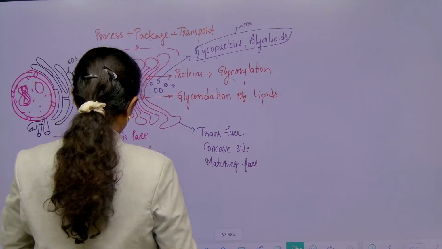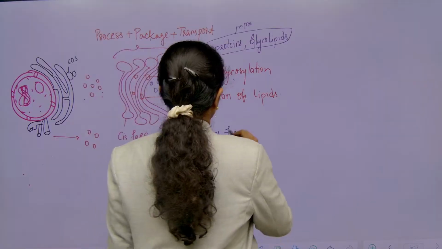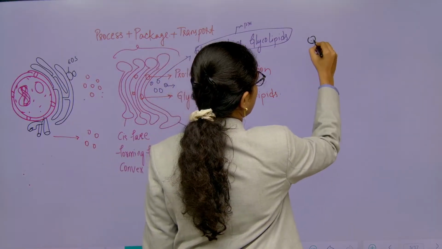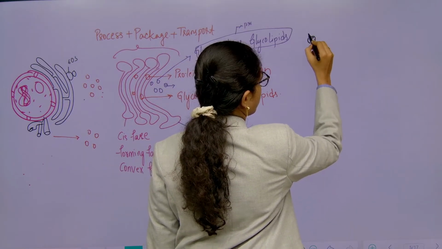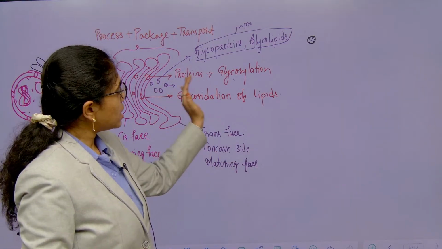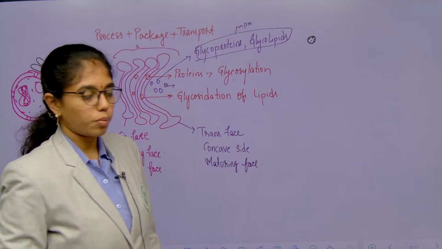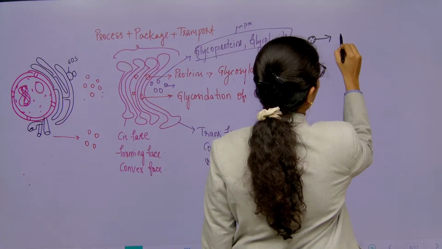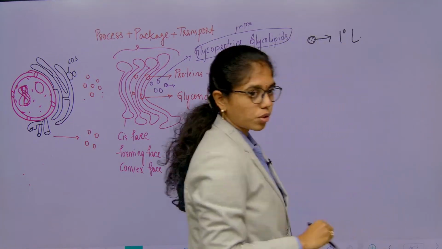From here the vesicles are being released. These vesicles are now rich in hydrolytic enzymes, right? Membrane-bound vesicles rich in hydrolytic enzymes secreted from the trans face of Golgi bodies are addressed as what, ma? Primary lysosomes.